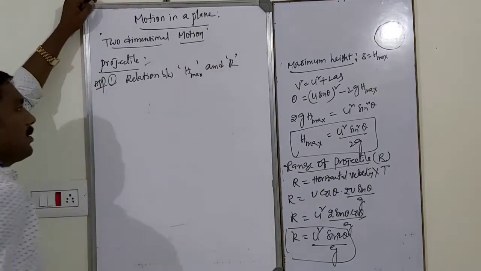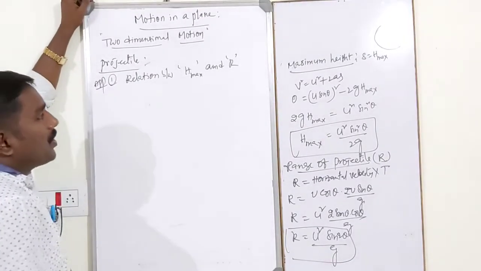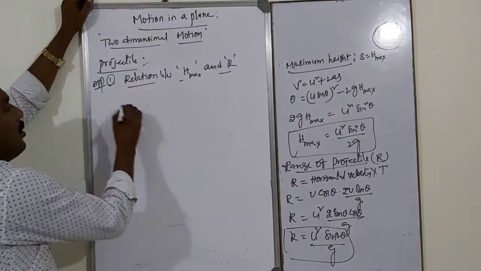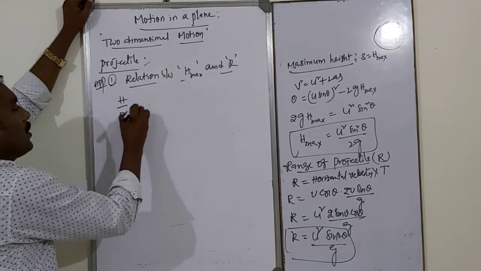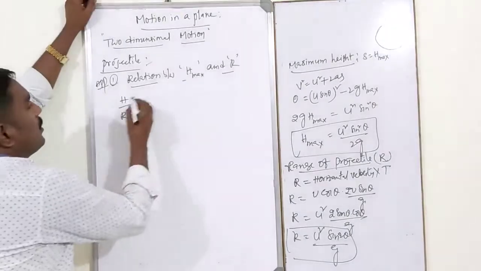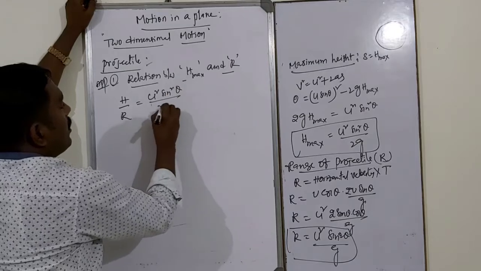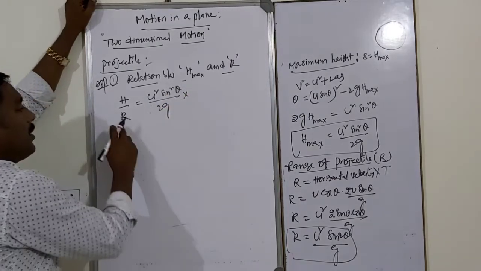What is the relation between H and R? So H by R is equal to u square sin square theta by 2g into, what is the value of R?